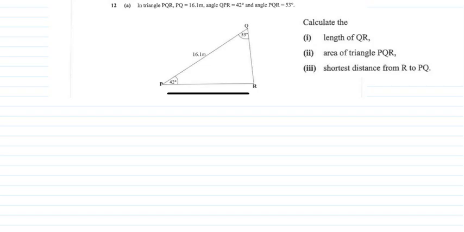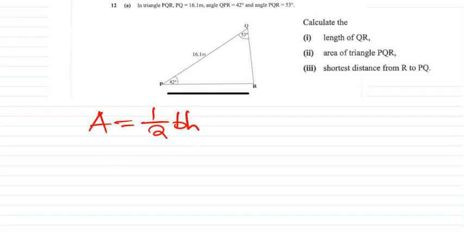Think of the formula for the area, half base times height. The line that comes from R should be perpendicular to PQ, and so the area should be the same.